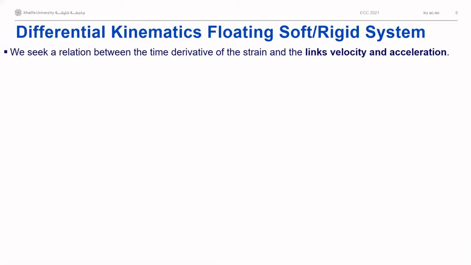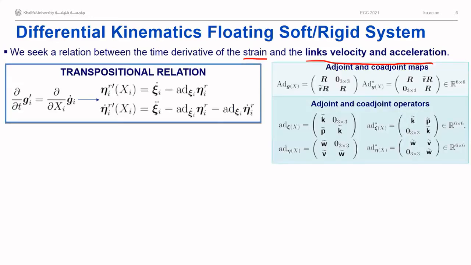Now that the configuration and the coordinate for the configuration has been defined, we can seek a relation between the time derivative of the strain and the link velocity and acceleration.